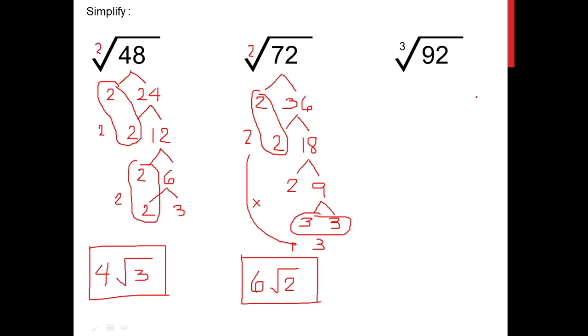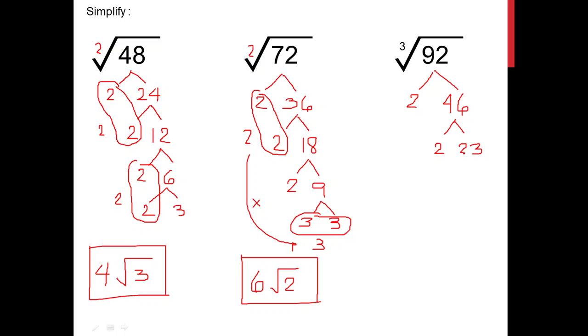Now let's try this one. This is the cube root of 92. Again, this is an even number, so let's try to divide it by 2. 92 divided by 2 gives us 46. Next, 46 divided by 2 is 23.